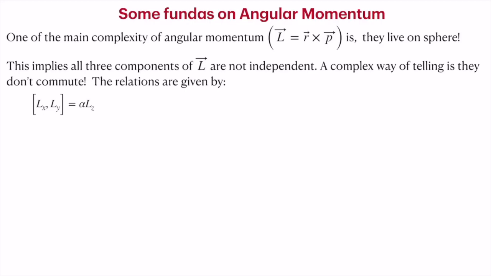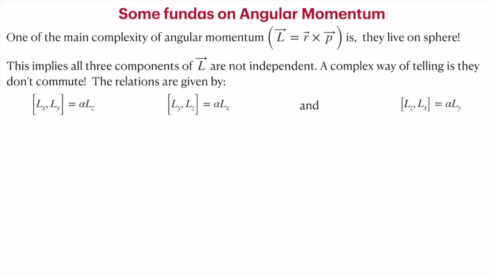Lx and Ly commutation will be expressed in terms of Lz, and all others in the cyclic order. If you are talking about the classical system, you could replace the commutation relation by the Poisson bracket, with which you would get a similar result.